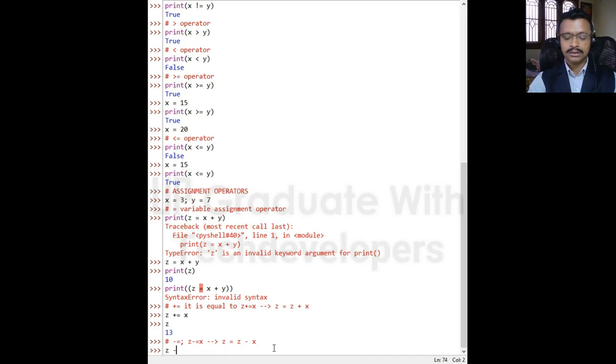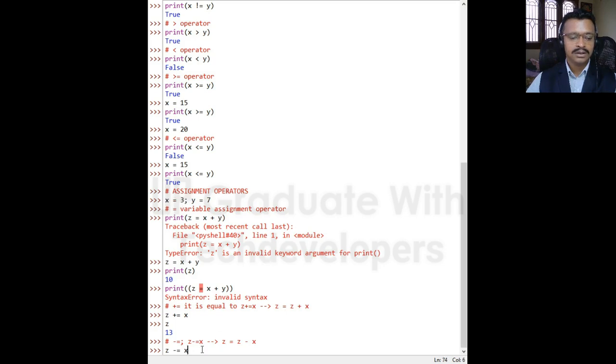So z minus is equal to x. So it will perform z minus x and assign the result back to the left operand, that is z. So here z is nothing but 10, the previous value, and x is nothing but 3.